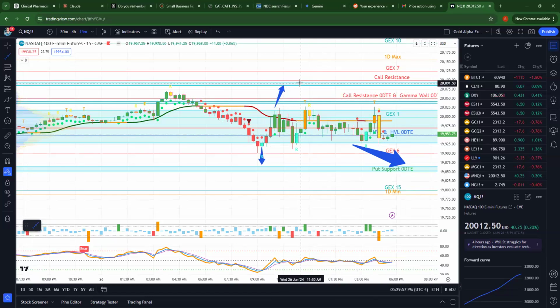Then I would have held up until call resistance, and maybe a runner to the 1-day max. And this put support would have been my first target going short, and then I would have tried to go down to the 1-day minimum.